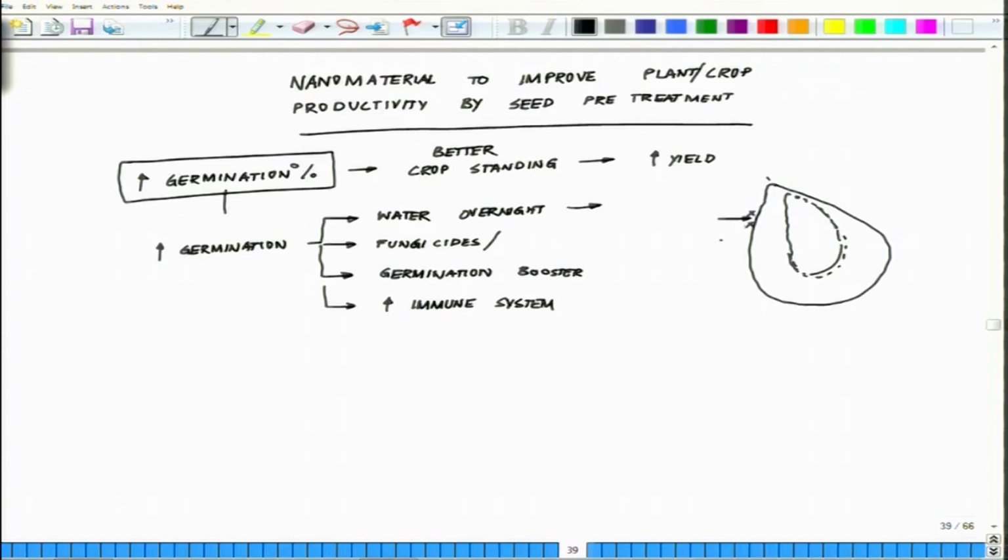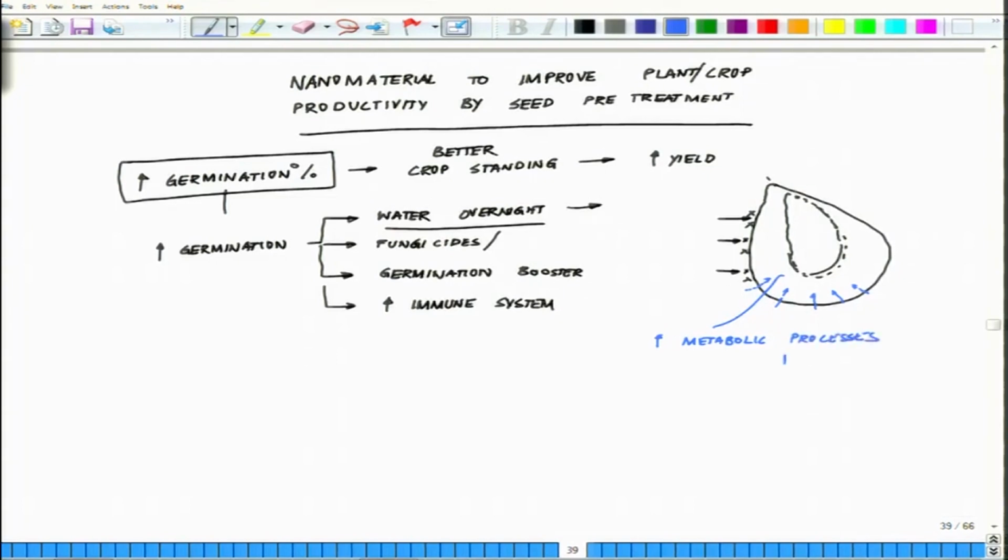It does not allow water or other things to pass through so easily. So, when it gets an overnight treatment with water, slowly the water molecules enter inside and activate the metabolic processes.